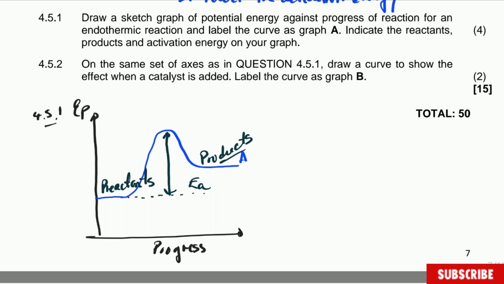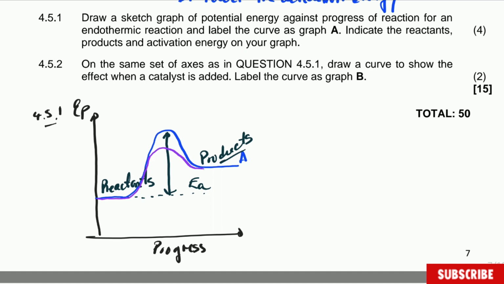On the same set of axes as question 4.5.1, draw a curve to show the effect when a catalyst is added and label B. So guys, it's very simple. All the catalyst is going to do is to lower the activation energy. So everything is the same. I'm going to try to draw it next to it with another color, but now here, instead of going so high, the activation energy is going to be less.